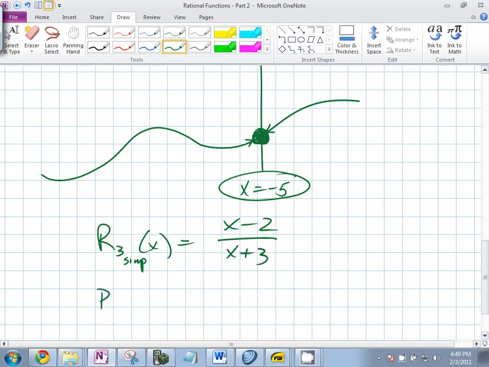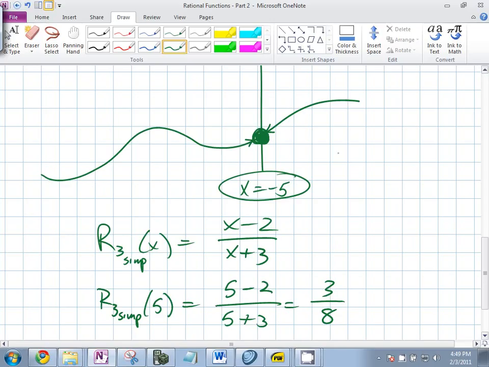Let's plug in negative 5, and end up with negative 5 minus 2 over negative 5 plus 3, which equals 3 over 8. You actually find out that for this particular rational function, there's an open dot, and that open dot occurs at negative 5 comma 3/8. So there's an open dot there, not a vertical asymptote.